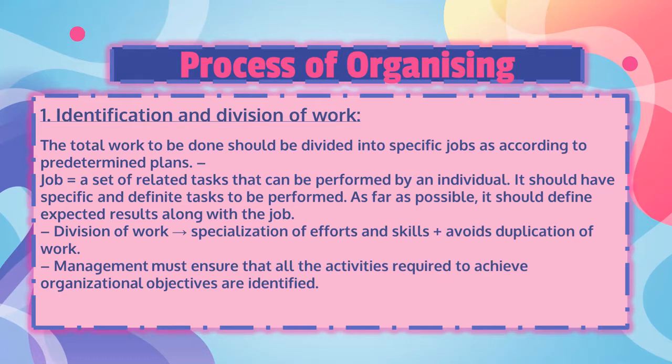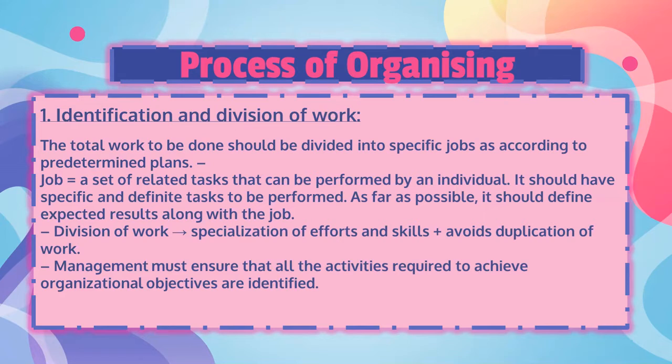That is, production is this department's work, sales is this department, marketing is this department, this department will bring raw material, right? Seeing different work and different people, we will first make a plan, and according to that we will distribute these jobs. And accordingly, the whole task will be achieved in bits and bits, and the small bits together will become a big one. So the total work should be divided into specific jobs according to predetermined plans.